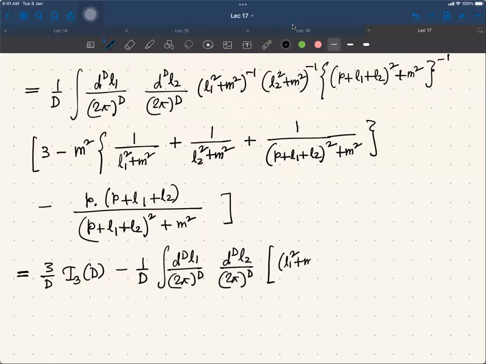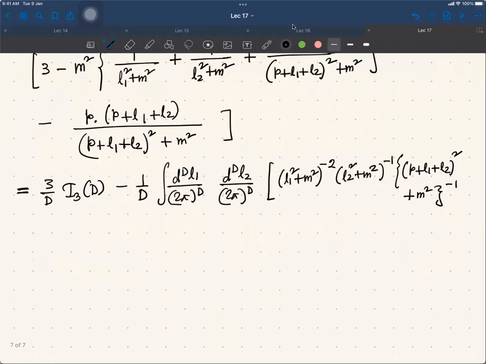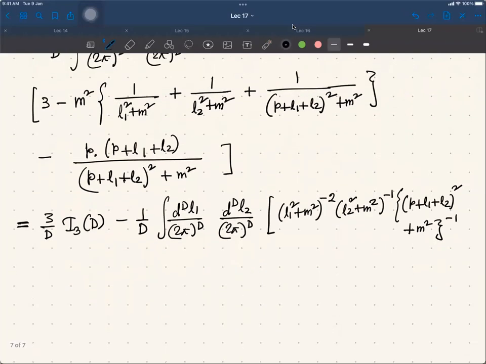L1 square plus m square to be minus 2, L2 square plus m square to be minus 1, (P plus L1 plus L2) square plus m square to be minus 1. There's a factor of m square outside, so let me write it here. Plus m square.